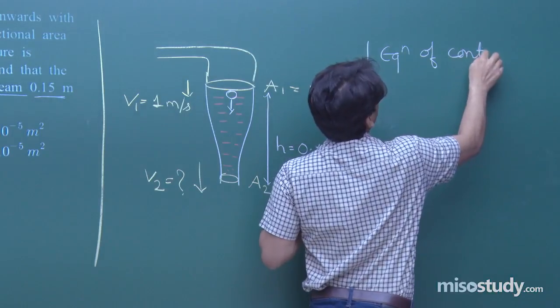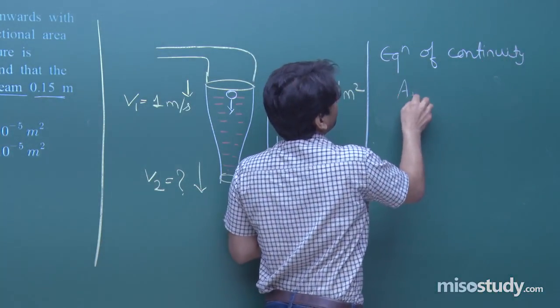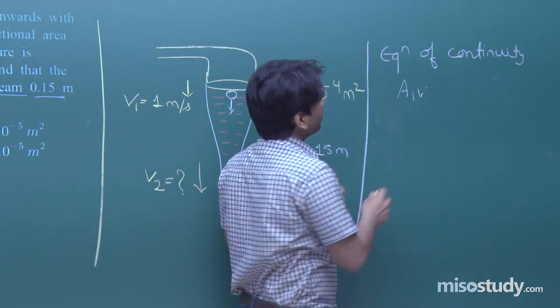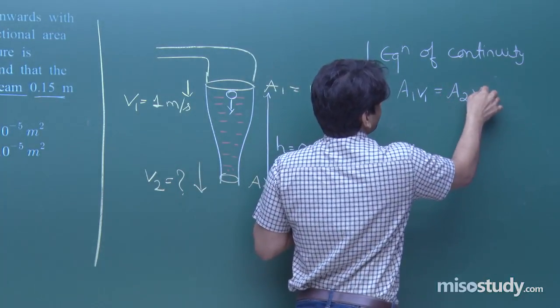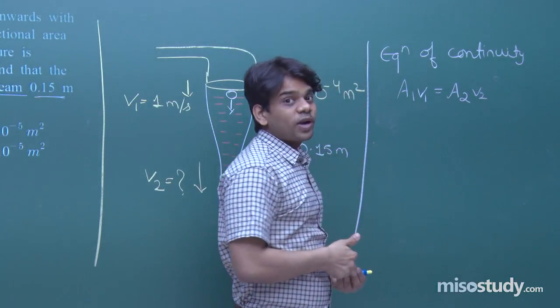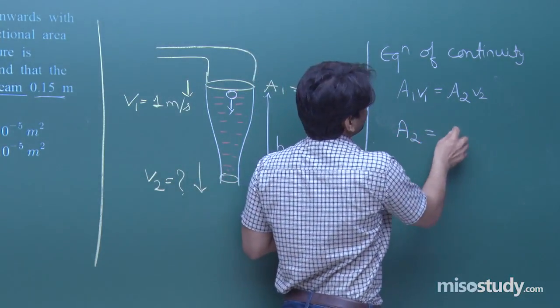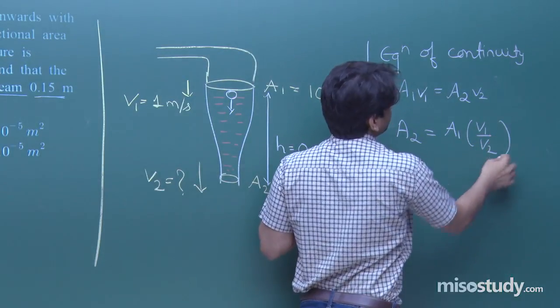Using equation of continuity, we can write A1 V1 is equal to A2 V2. From here, we need to find the value of A2. A2 is equal to A1 V1 by V2.